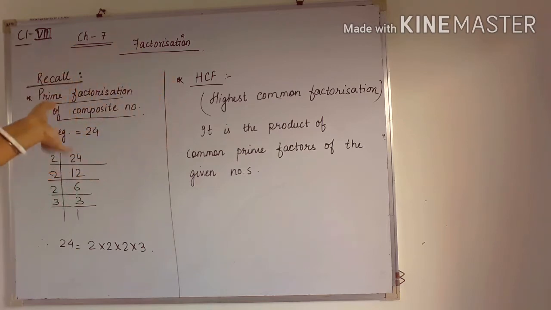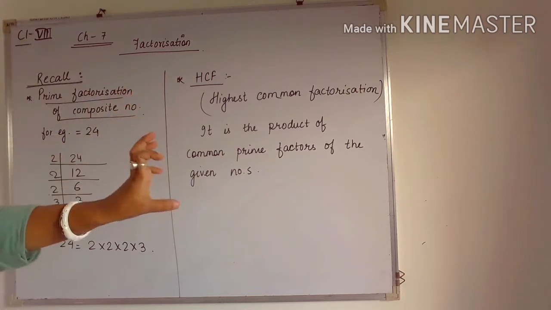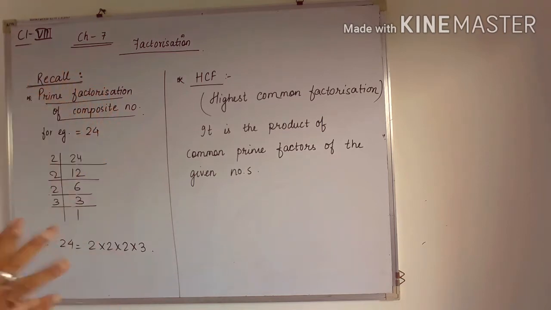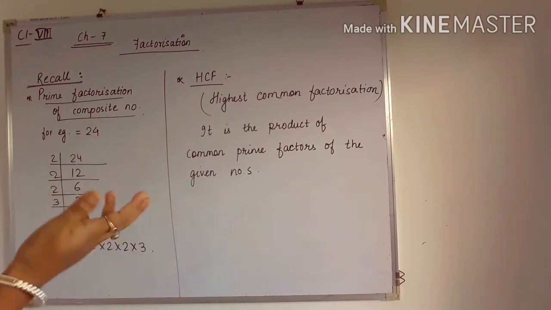So why am I telling you this point? Because when we start this chapter, factorization, we have to do prime factorization and find the HCF, but not for a number, because we already know how to do the prime factorization of a number or find the HCF of two or more numbers.